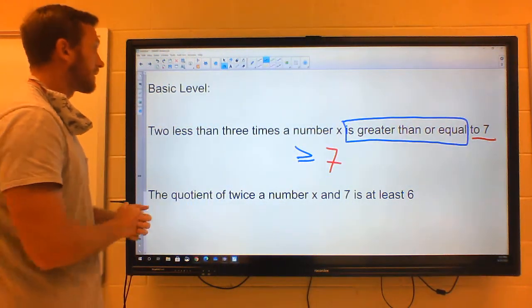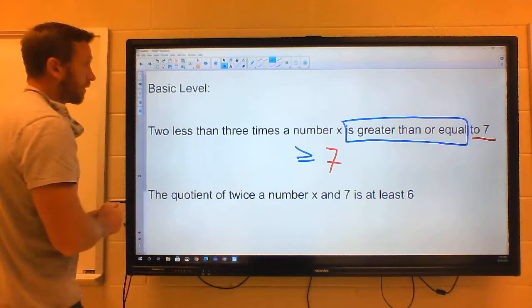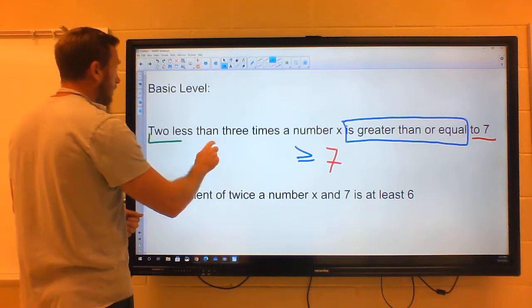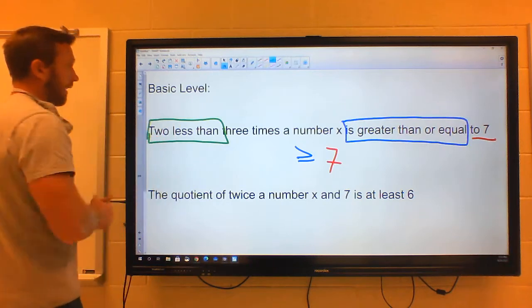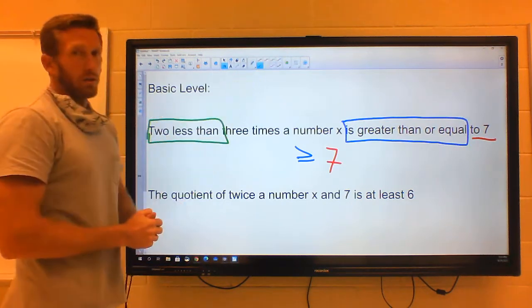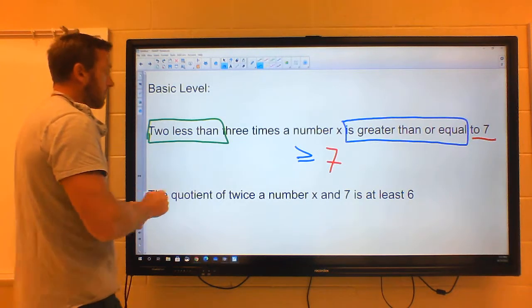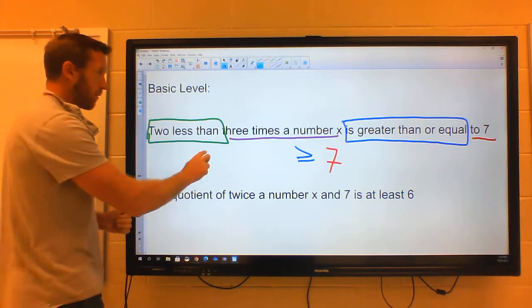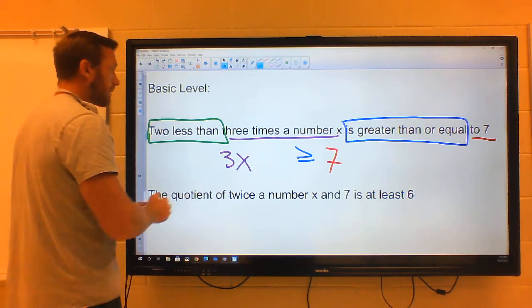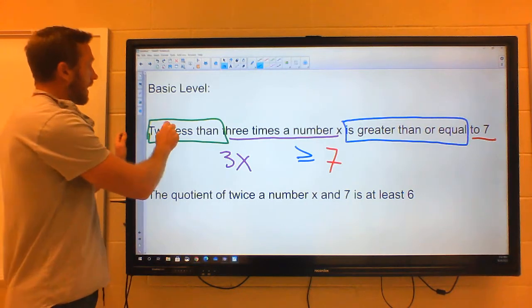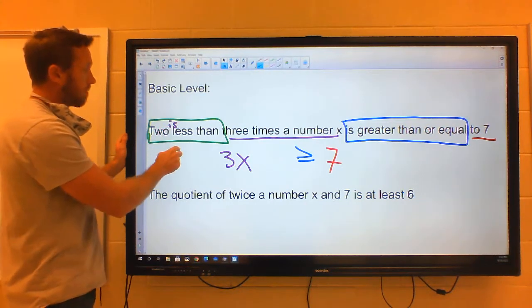Okay? On the left-hand side of that, we've got a big chunk of stuff. We've got 2 less than something. What is 2 less than? 2 less than 3 times the number x. So we've got 3 times the number x, and we're going 2 below that. Remember, this does not say 2 is less than, making it a verb.